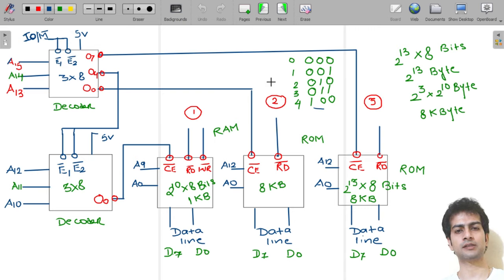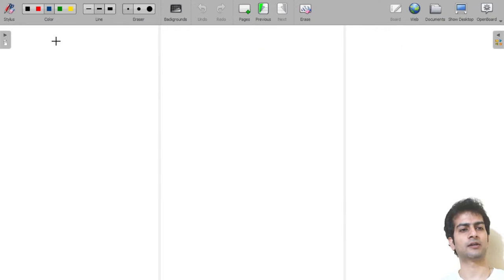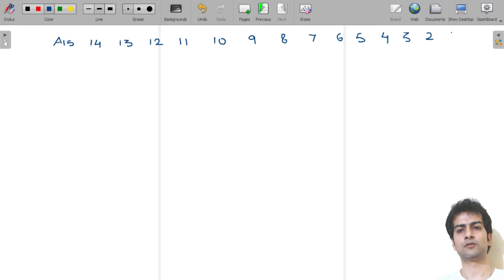If we want to find the address, I will start with this one. I will first find the address of the third memory, then the second memory, then the first memory. I told you that to find the address, first write the address lines A15, A14, 13, 12, 11, 10, 9, 8, 7, 6, 5, 4, 3, 2, 1, 0.